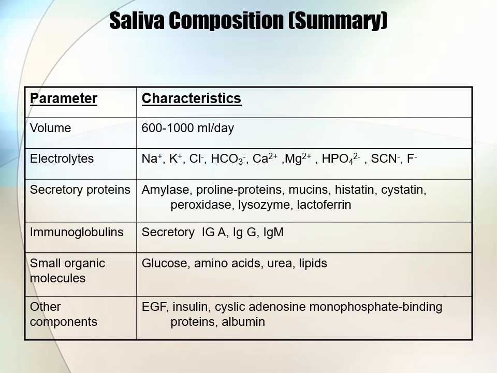For the immunoglobulins, we have secretory IgA, IgG, and IgM. There are also other small organic molecules: glucose, amino acids, urea, and lipid. We also have many other components like EGF, epidermal growth factor, insulin, cyclic AMP binding protein, and albumin. So bear in mind, there are a lot of saliva components in our oral cavity to help us maintain oral health.